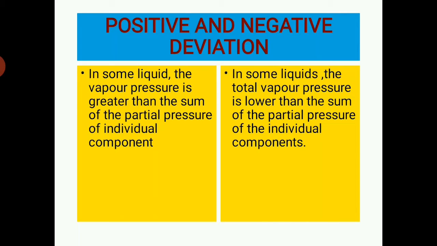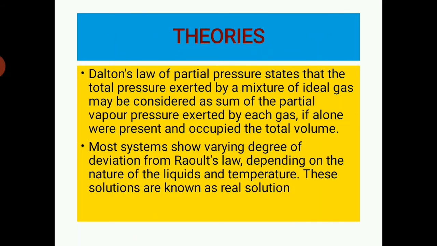Next are the positive and negative deviations. Positive deviation: in some liquid systems, the vapor pressure is greater than the sum of the partial pressures of the individual components. Such systems are said to exhibit positive deviation from Raoult's law. Examples include carbon tetrachloride and cyclohexane, and benzene and ethanol.